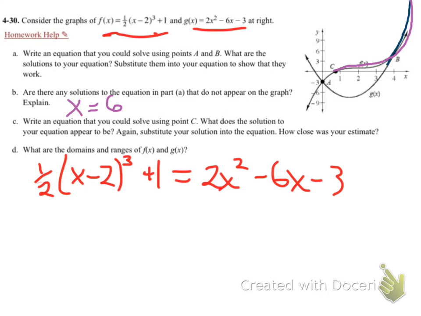Problem C. Now we're taking a look just at f of x, and we want to use point C. I know that point C is the coordinate of some x value. I don't know what it is, but my y value is definitely 0. It is my x-intercept, so I can solve for x now.